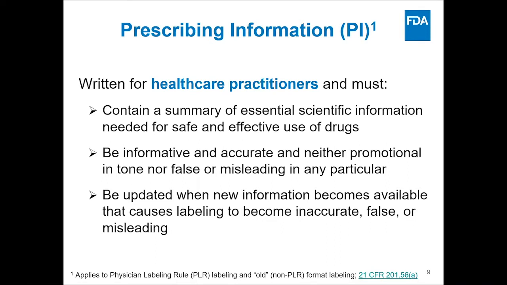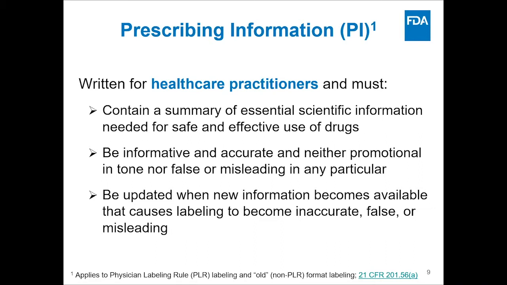The prescribing information must include a summary of the essential scientific information needed for the safe and effective use of the drug. It's not all the information about the drug. Sometimes an applicant may do 5 studies, but we may only discuss 3. We may only discuss certain parts of the studies that are essential to use the drug safely and effectively. Another example is generic drugs.